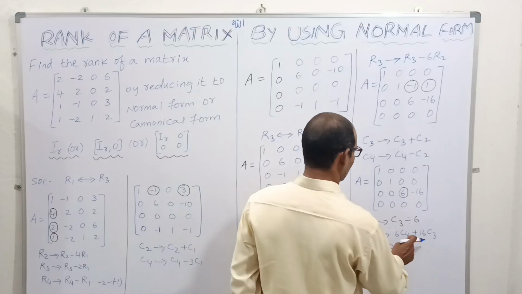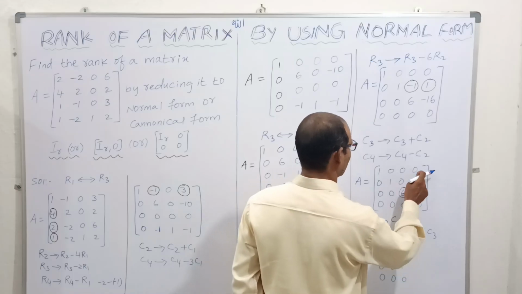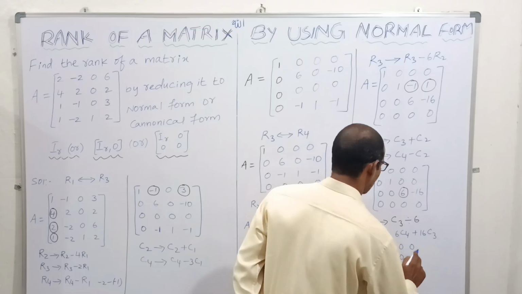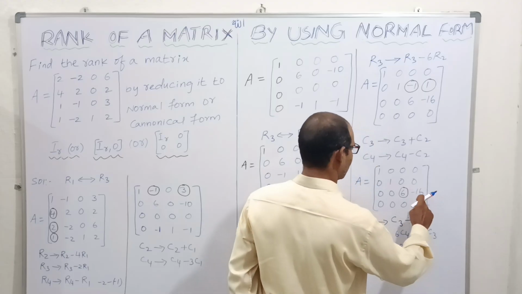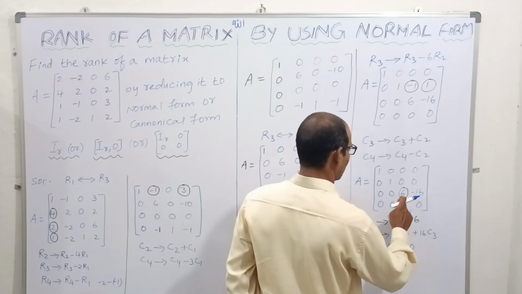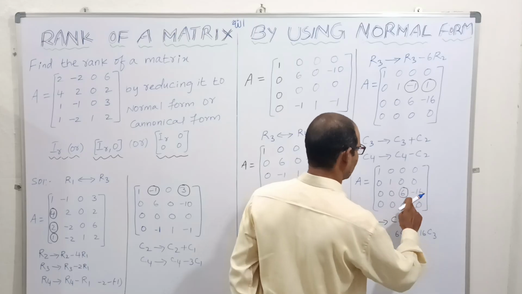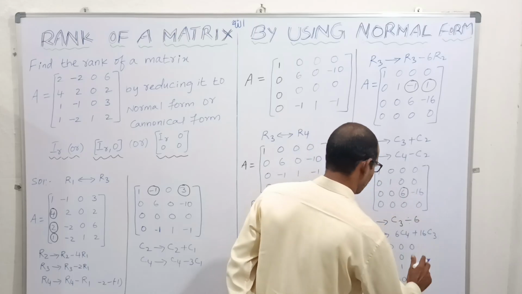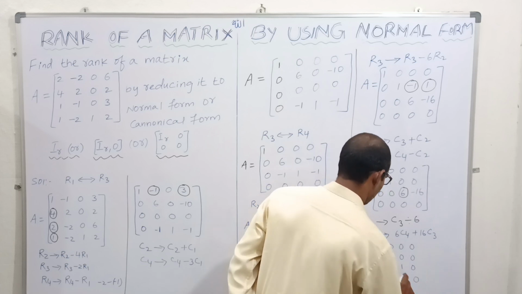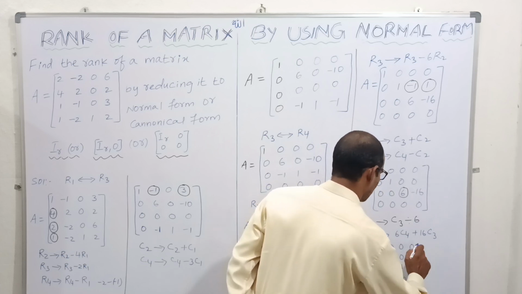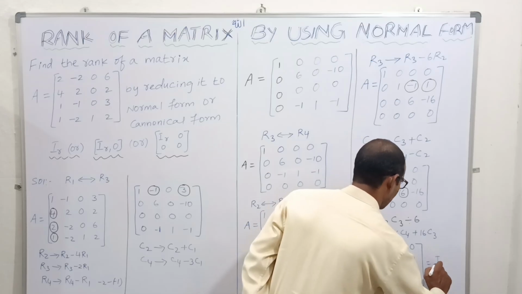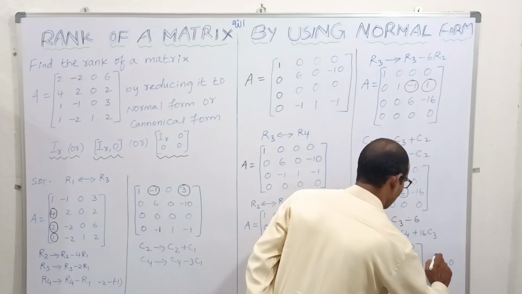Similarly 6C4 plus 16C3, so this is 0, this is also 0. If I multiply this with 6 and this with 16 and add them, then it becomes 0, this also 0. So therefore the matrix is reduced to I3, 0.